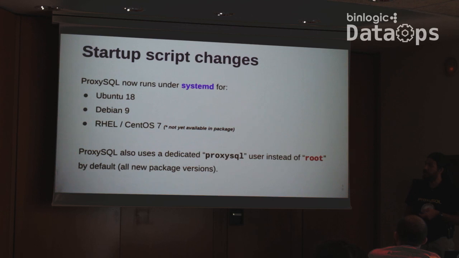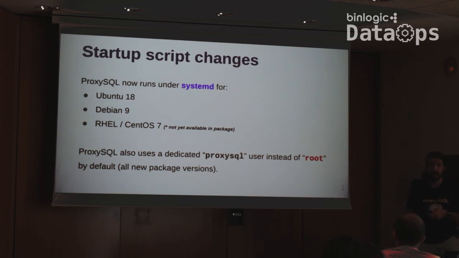Also, with regard to the packaging, we are now running using systemd, while until 1.4 systemd was not supported. Currently, systemd is only for Ubuntu and Debian, but we almost have the support for Red Hat ready too. Another important change is that now ProxySQL runs with its own user, that is proxysql, and not as root as in the previous version.